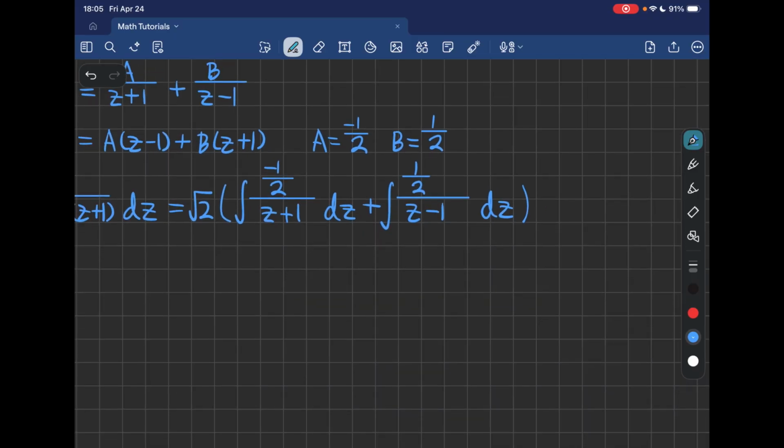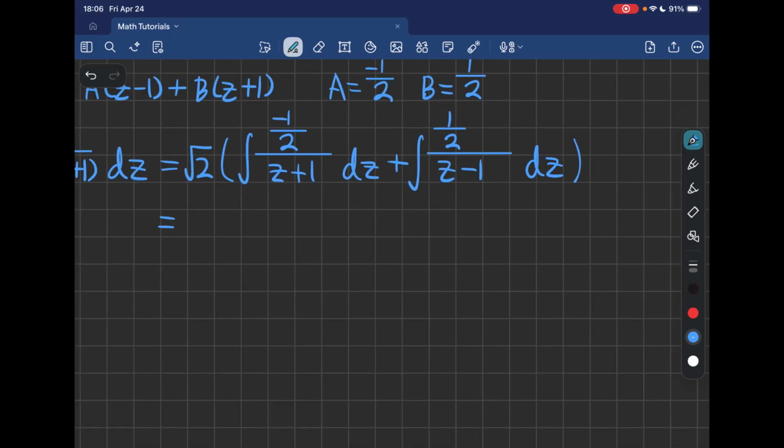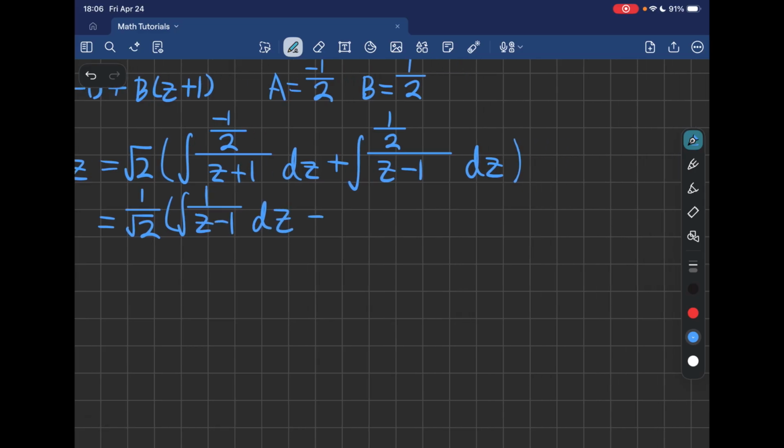So we can make this simpler. We can pull out this factor, right? Well, we'll just end up having 1 over square root of 2, and well, we can write this first. So yeah, we can have the integral of 1 over z minus 1 dz minus the integral of 1 over z plus 1 dz.